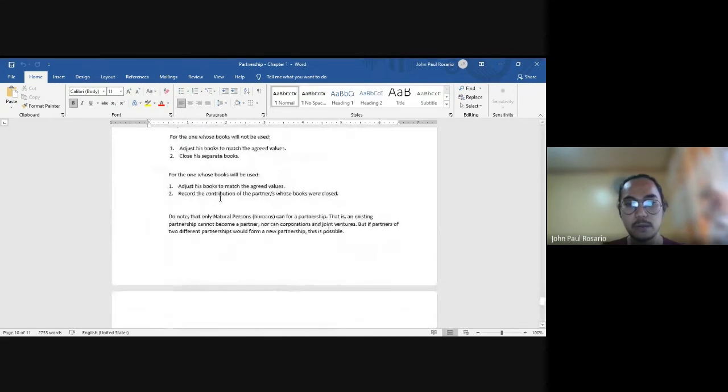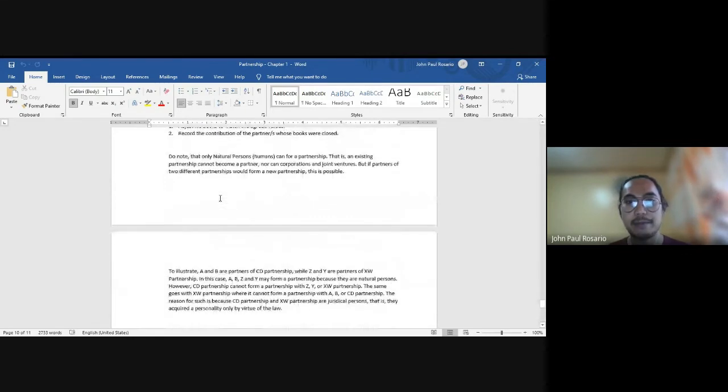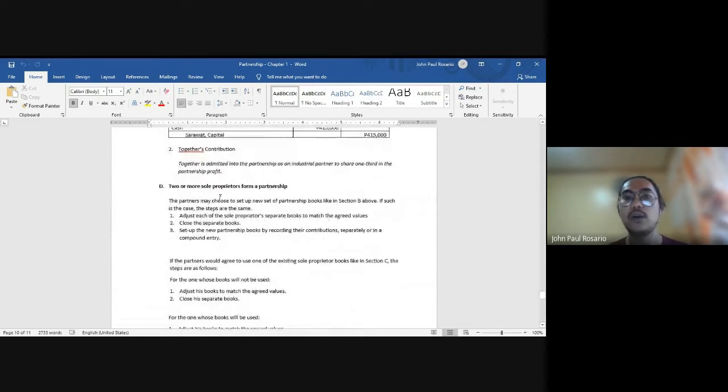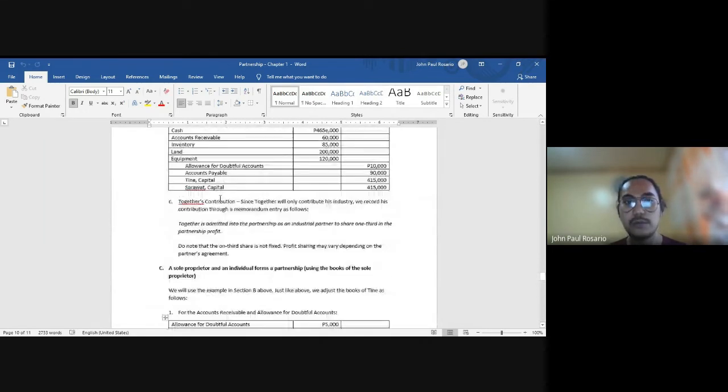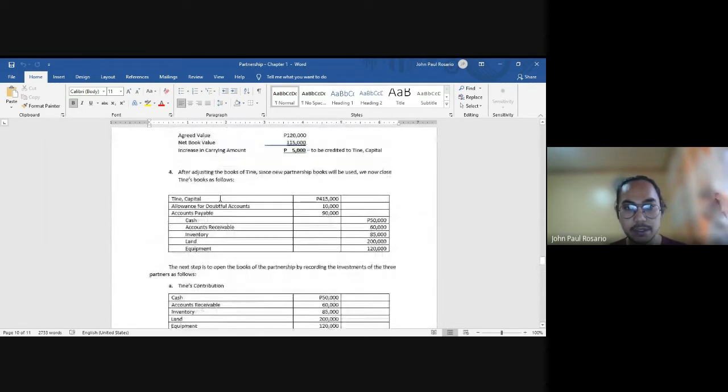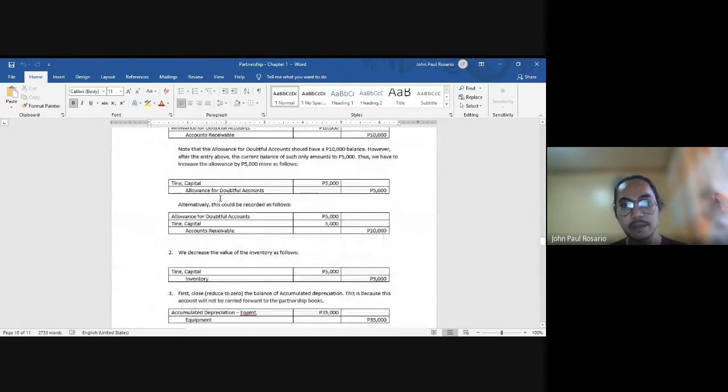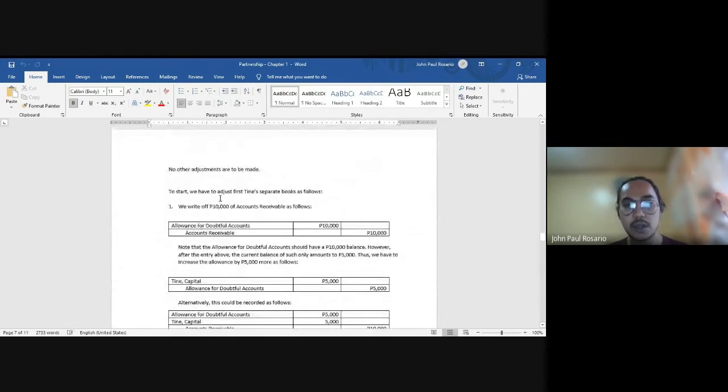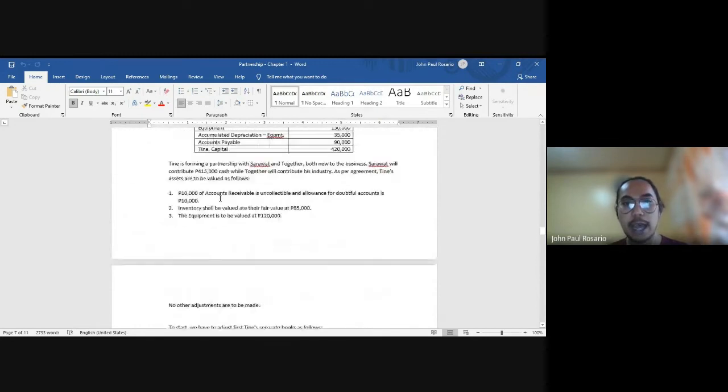For now, we will be discussing how 2 individuals would form a partnership. So let's start with this example. We will still be using the same example, and I'll be just guiding you through the document on how these things were journalized.